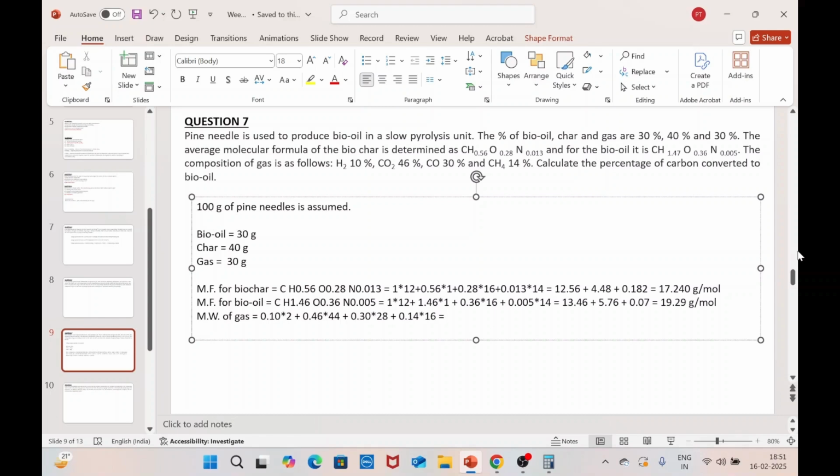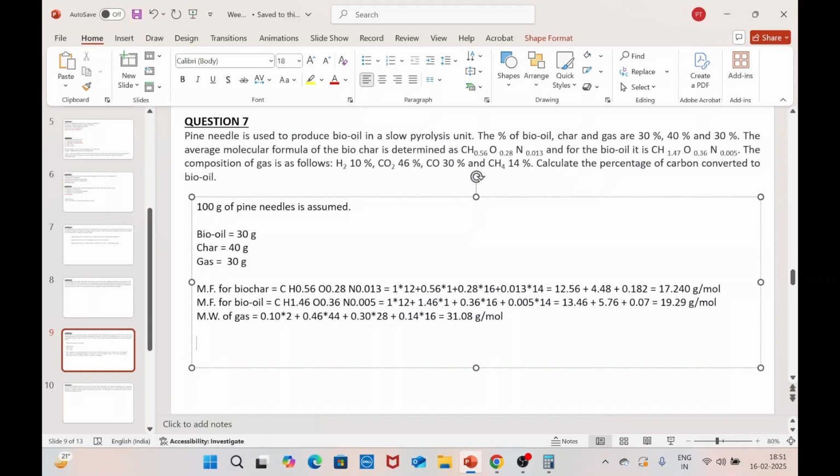Let me calculate this on my personal calculator so it will be easy. 31.08 grams per mole. So this is the average molecular weight of biochar, bio oil as well as the biogas.